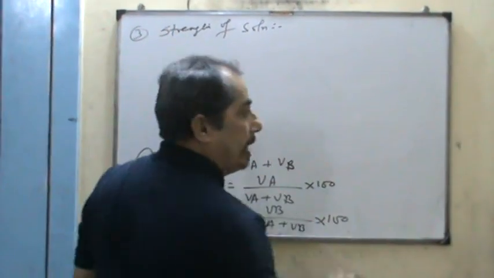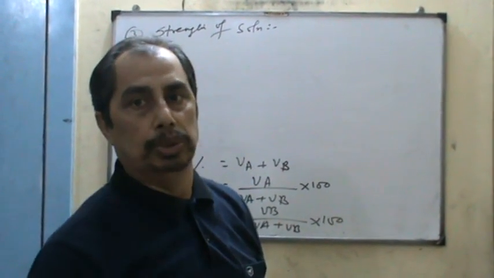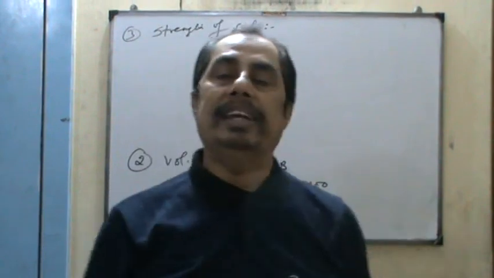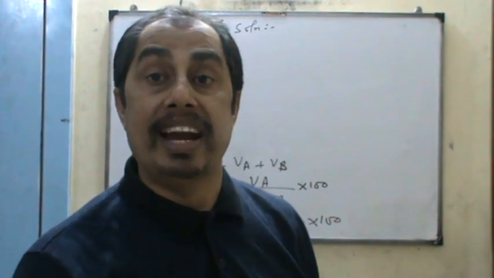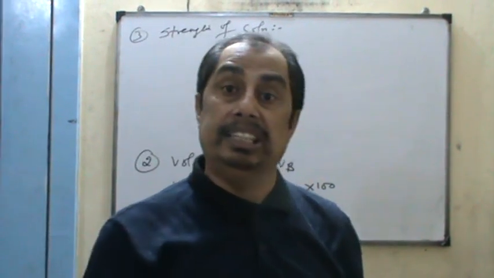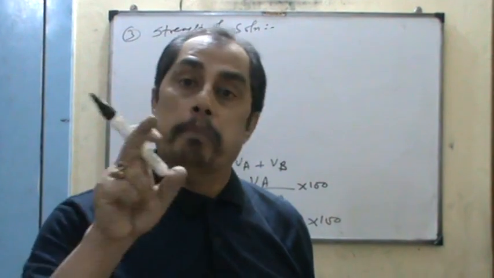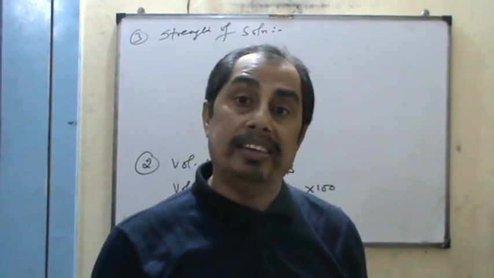The third one is the strength of the solution. It is defined as the amount of solute in grams in 1 liter of the solution. So the unit is, my dear students, gram per liter. It is very much temperature dependent because it is related with the volume. But mass percentage is independent of the temperature, while volume percentage is very much dependent upon the temperature.